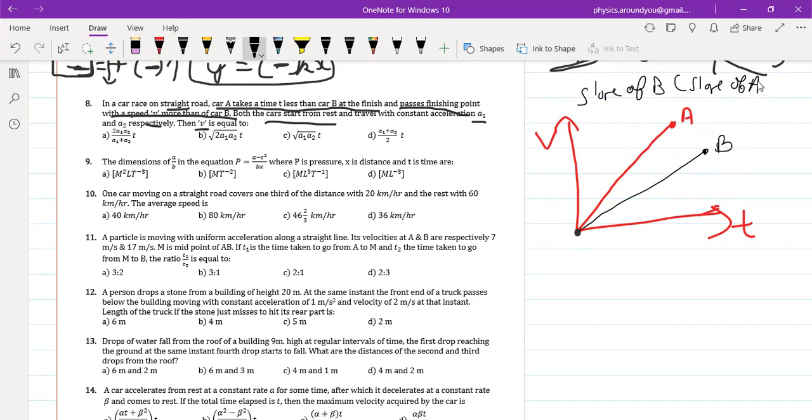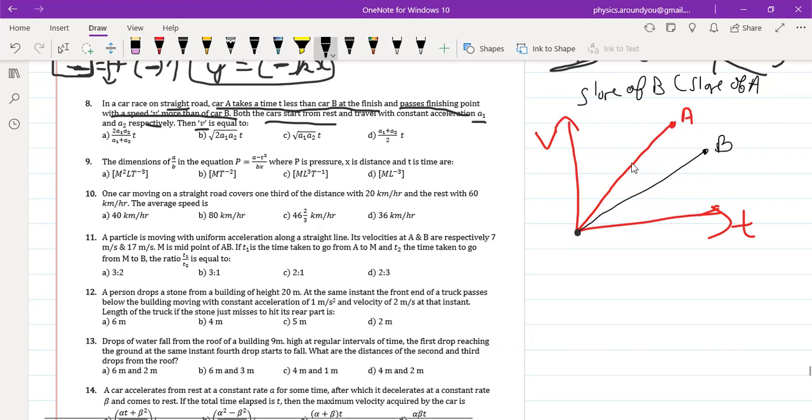Because the slope of a VT graph gives acceleration, and since A has more acceleration, it completes the race quickly with more speed than B. The slope of A should be more, the slope of B should be less.